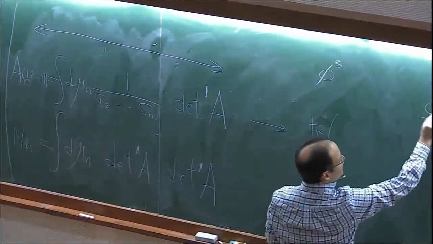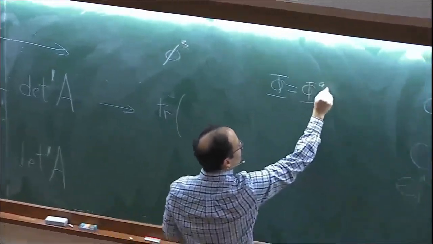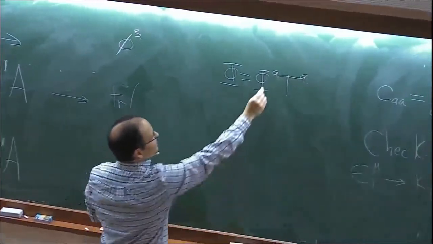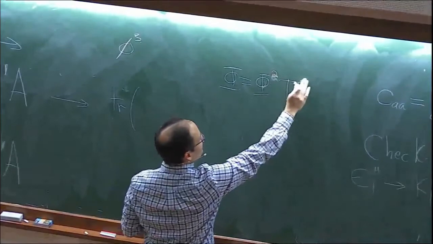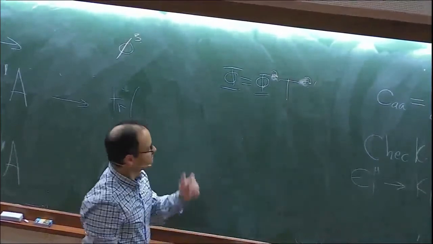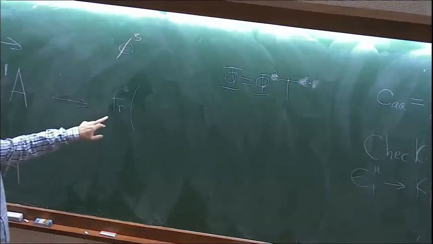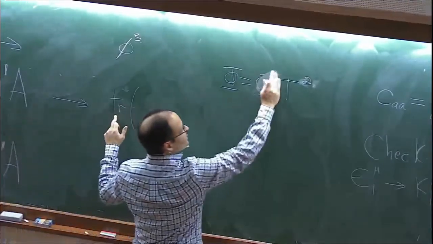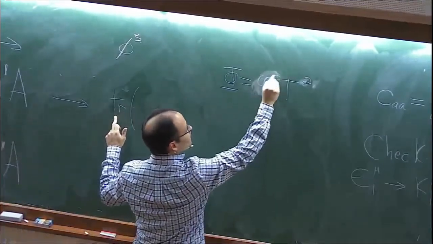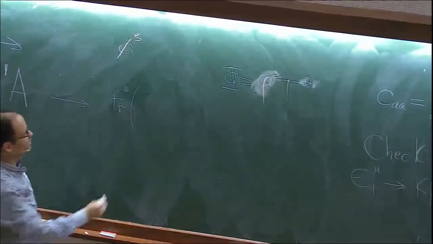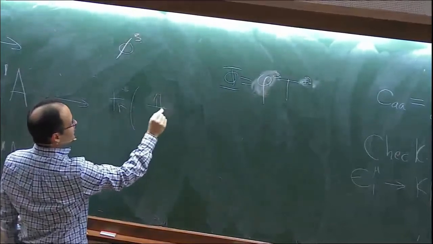So we have a matrix phi. Now this is the color index, and I'm only going to take one more minute. So we sum over A. And the Lagrangian that you get is something that looks like this.